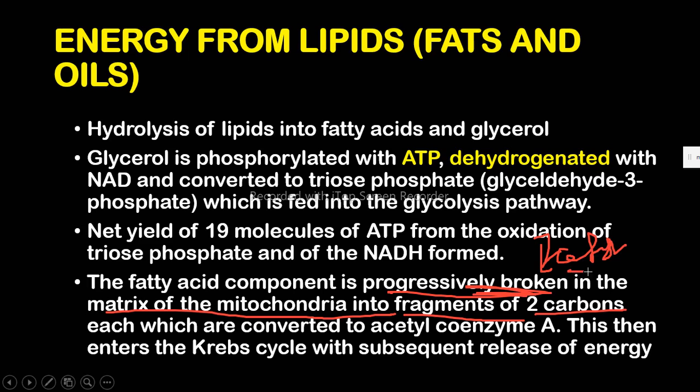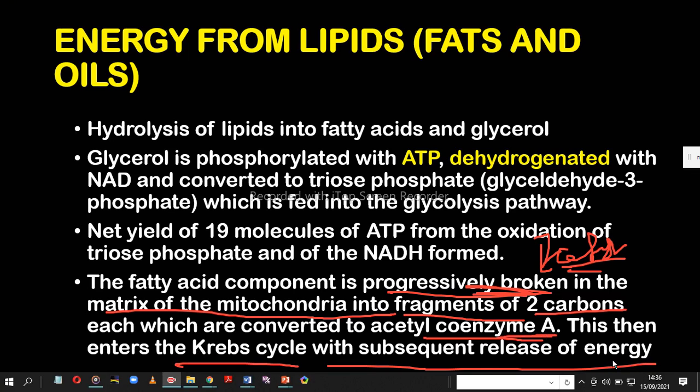Then the acetyl groups combine with coenzyme A to form acetyl CoA. Then the acetyl CoA combines with oxaloacetic acid to form citric acid, and the cycle continues.